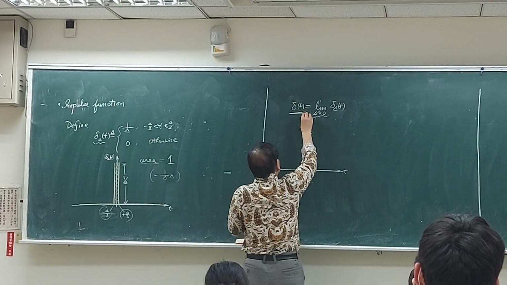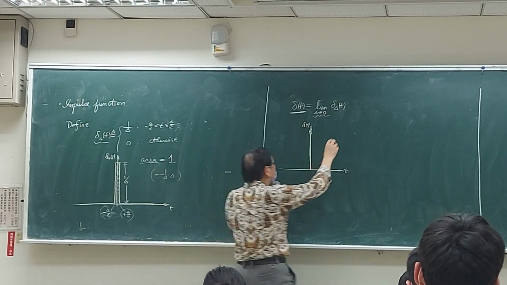And then we define this as delta of t. Sometimes we call this the Dirac delta.